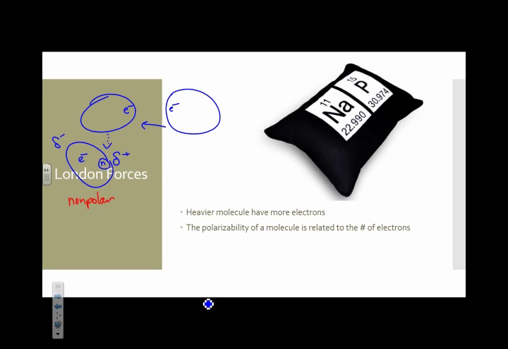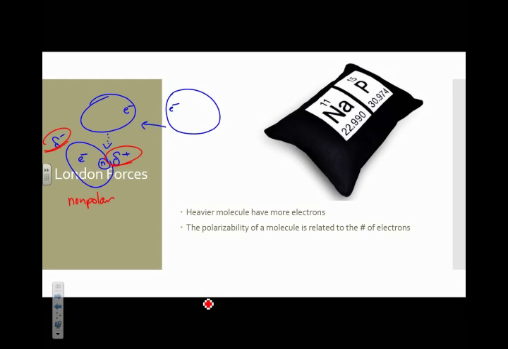Hey, that nonpolar molecule looks kind of polar. Well, it doesn't last, because those electrons will eventually go back to being evenly distributed or being on the other side of the molecule. But the more electrons you have, the bigger this partial negative and this partial positive will be, and the stronger your intermolecular attractive forces will be between those two molecules.